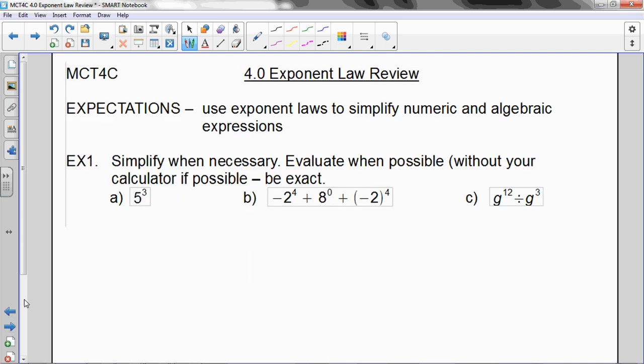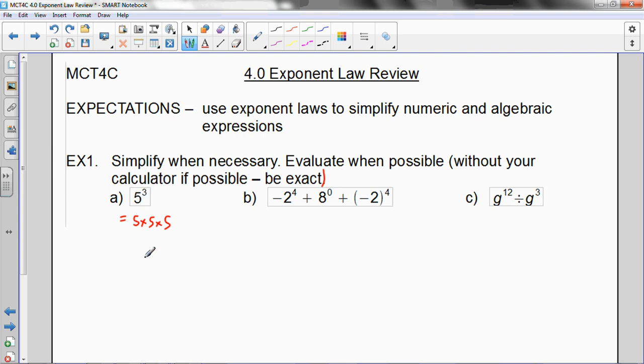All right, exponent law review. Simplify when necessary, evaluate when possible without your calculator if possible. Be exact. 5 to the exponent 3, this is way back when, and what 5 to the exponent 3 means is I'm going to take the base, exponent number of times, multiplied.